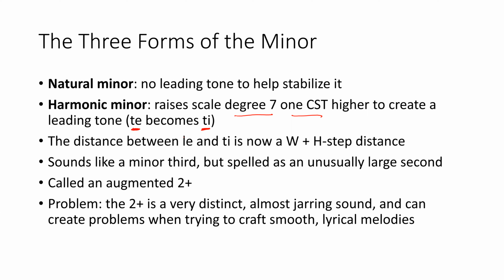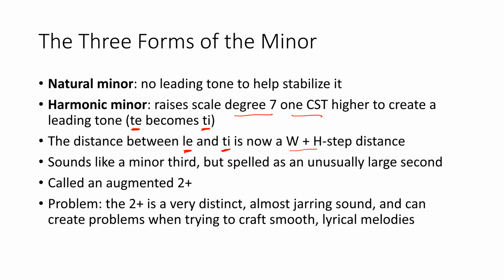And the distance between lay, the lowered 6th scale degree, and T, the raised 7th, equals a whole plus a half step distance. And that sounds like a minor third, but as we know in the scale, that is spelled as an unusually large stepwise motion, or second, and that's called the augmented second.